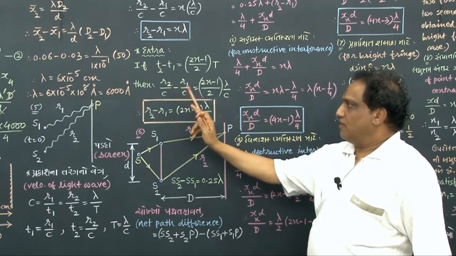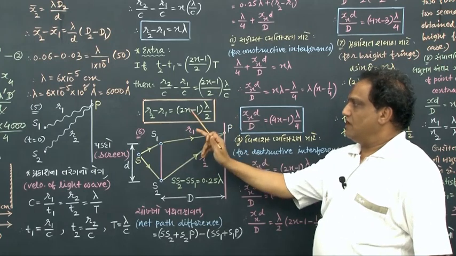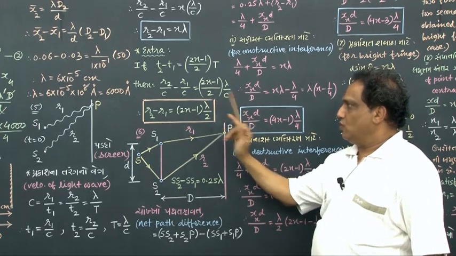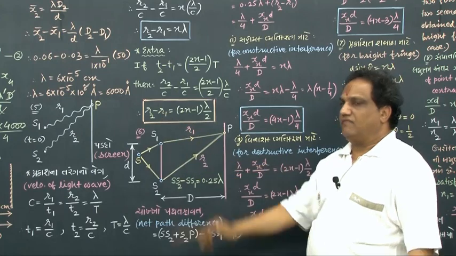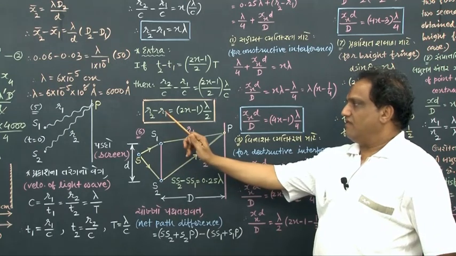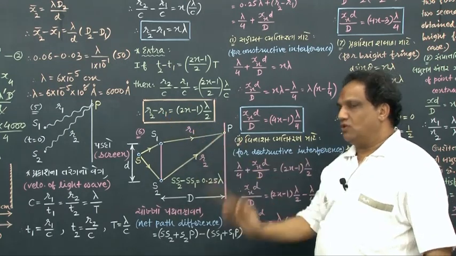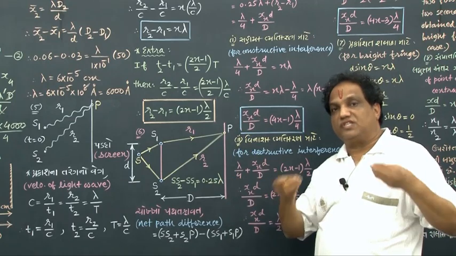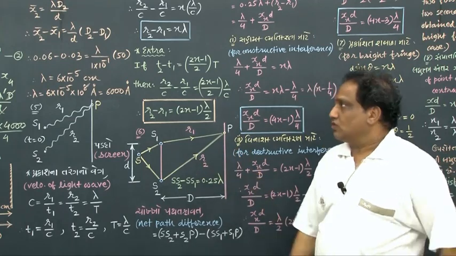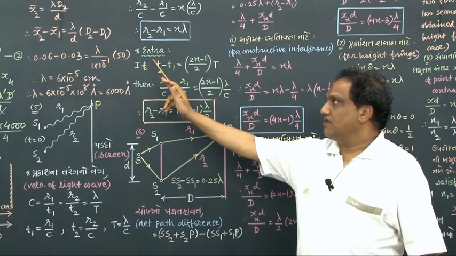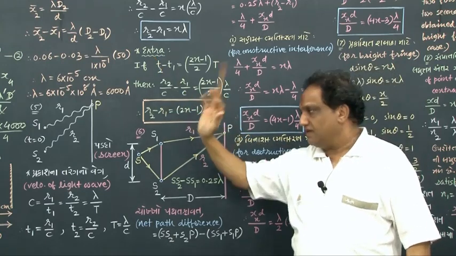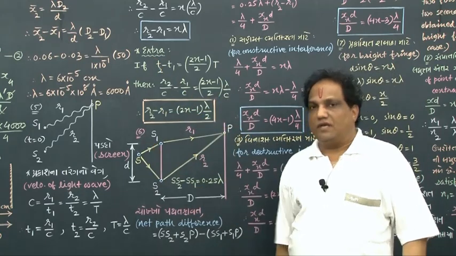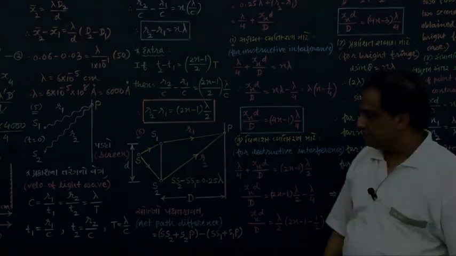So now it is R2 minus R1 equals 2n minus 1 into lambda by 2. Path minus path will give you path difference. And whenever path difference is 2n minus 1 lambda by 2, it is nothing but condition of destructive interference. Correct? So they may ask this. That's why I am giving you here an extra sum. Fine. Now read this statement of number 6.